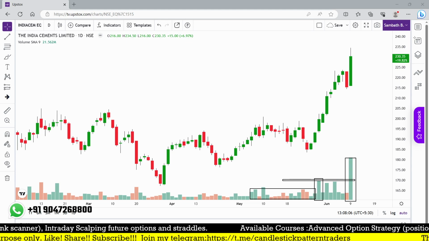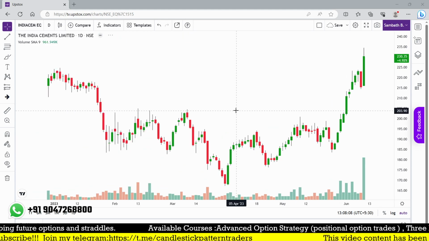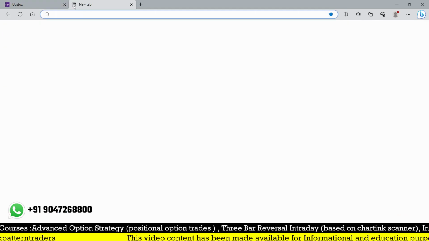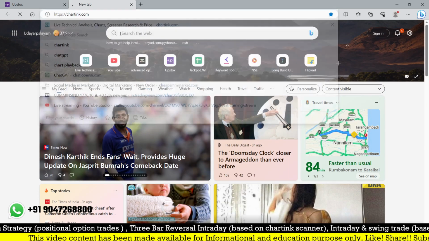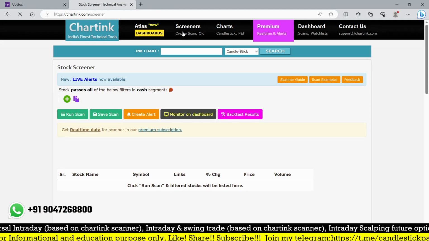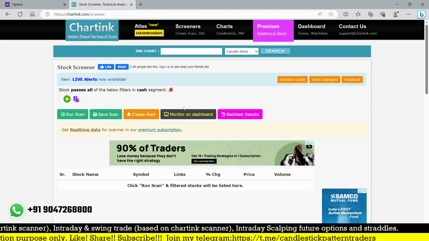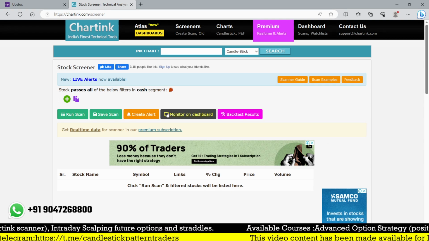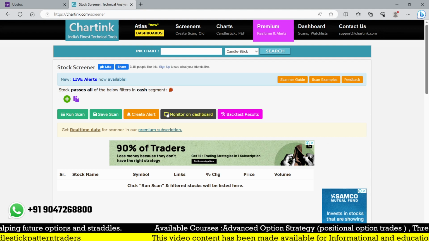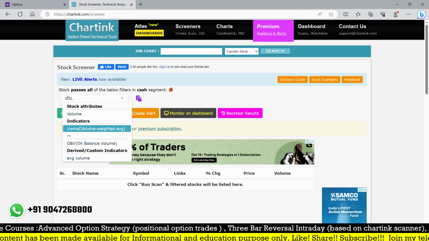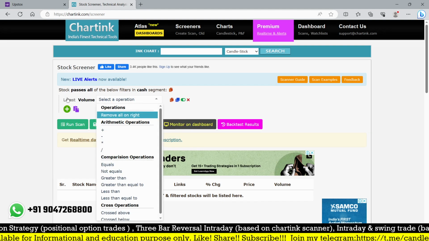And that we are simply going to take out with these charting scanners and by SMA volume. Let me open Chartink.com, where we can create a scan. Simply, within a code, we can create the scan and use it for multiple analyses using this volume factor. So what are we looking for? Today's volume, that means the latest volume, must be greater than the volume of however many days you are going to focus on. It may be 10 days or 20 days. It should be a number, right?